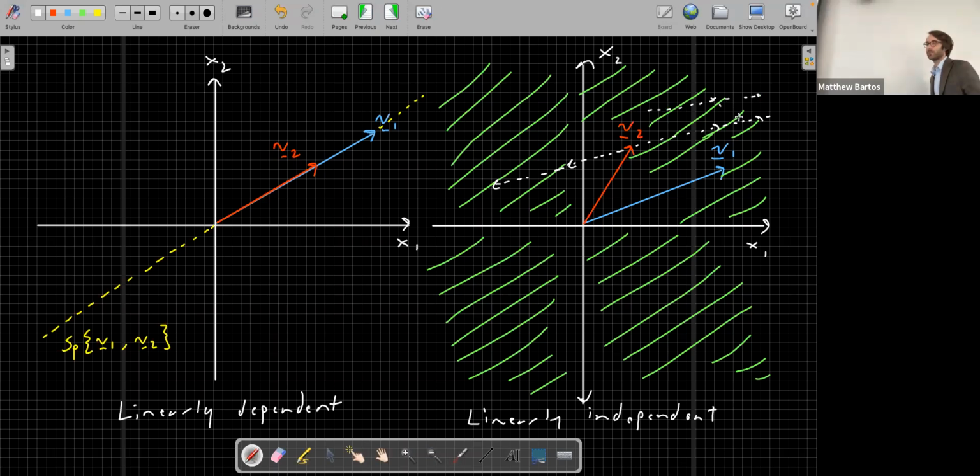So you can reach every point in the plane by scaling these two vectors and adding them together. So the span of V1 and V2 is equal to R2. Great. Are there any questions on span before I move on?